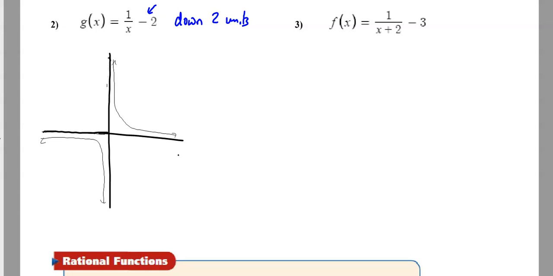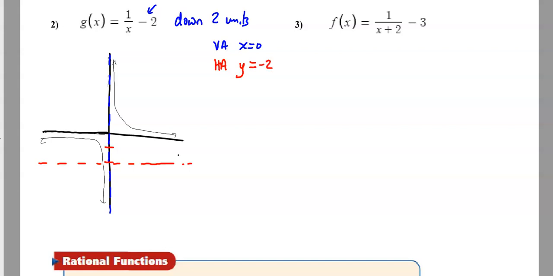I didn't move left or right, so I need to keep this asymptote right here. So this asymptote stays the same, at x equals 0. So I have a vertical asymptote at x equals 0. And my horizontal asymptote used to be at y equals 0, but if I'm going to shift it down 2 spaces, I now have this line that I can't cross down here. So the horizontal asymptote is going to be at y equals -2.